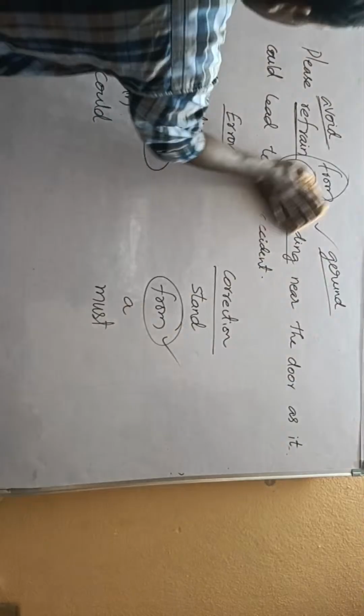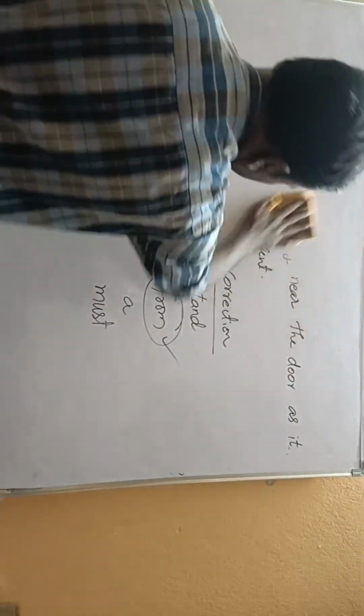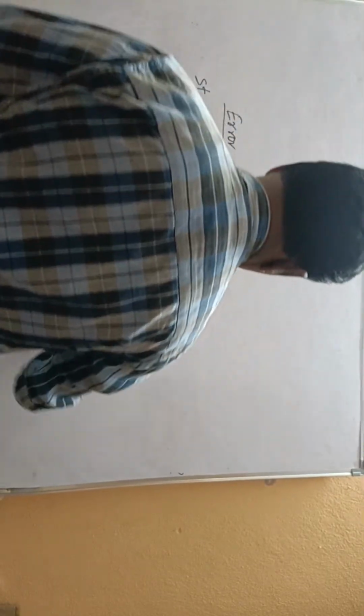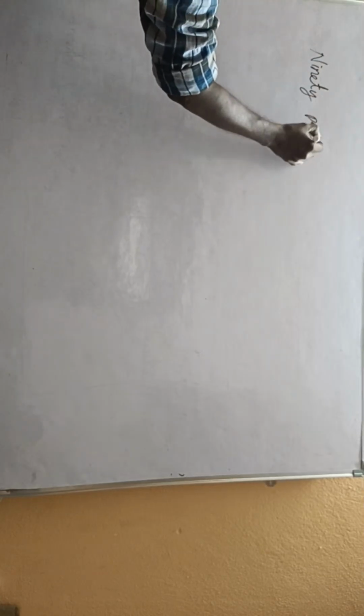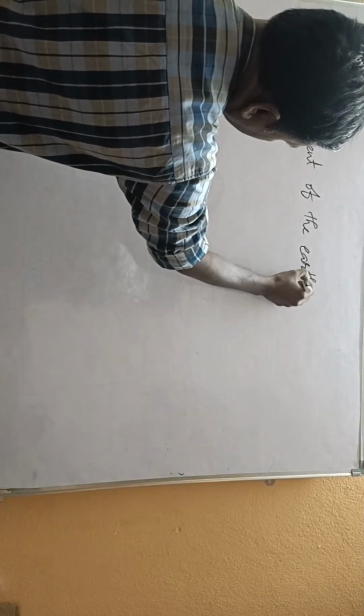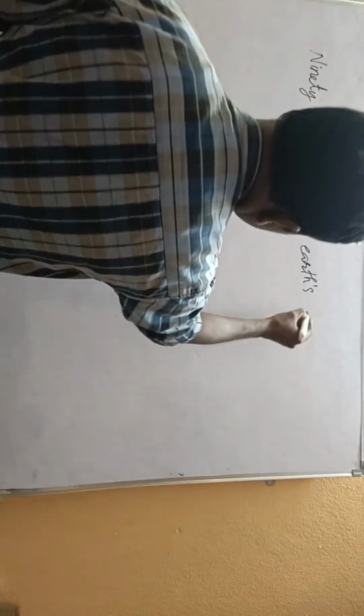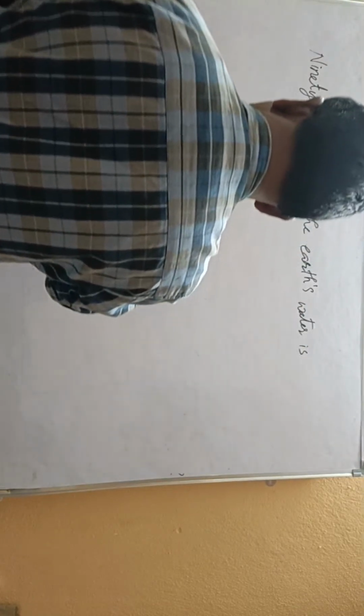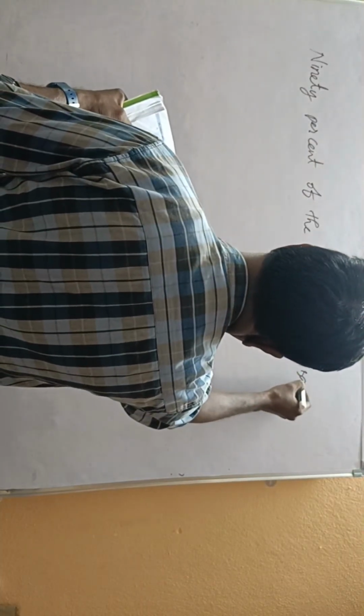Next question is: 97% of the Earth's water is salty ocean water.